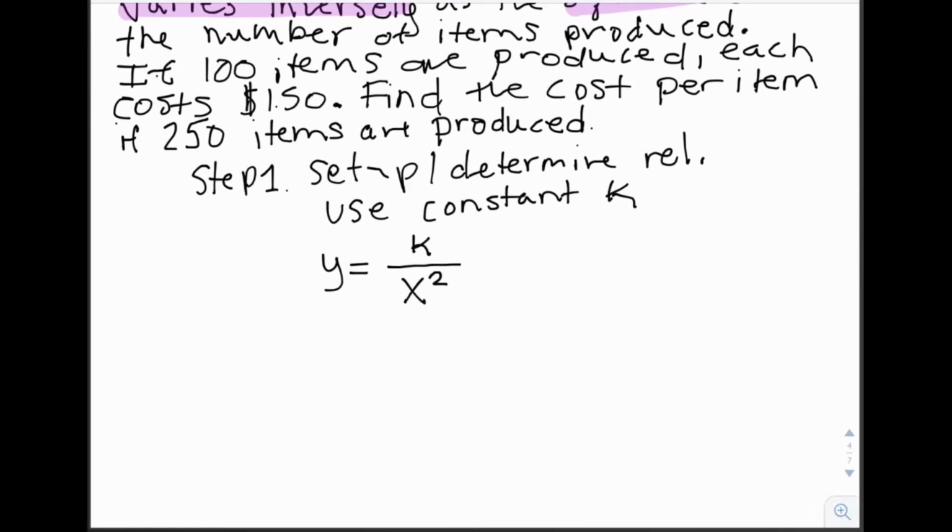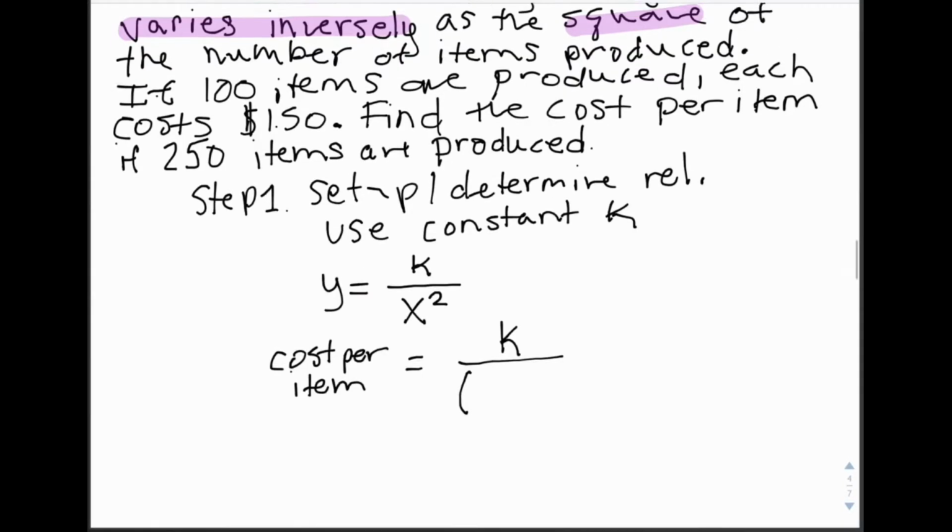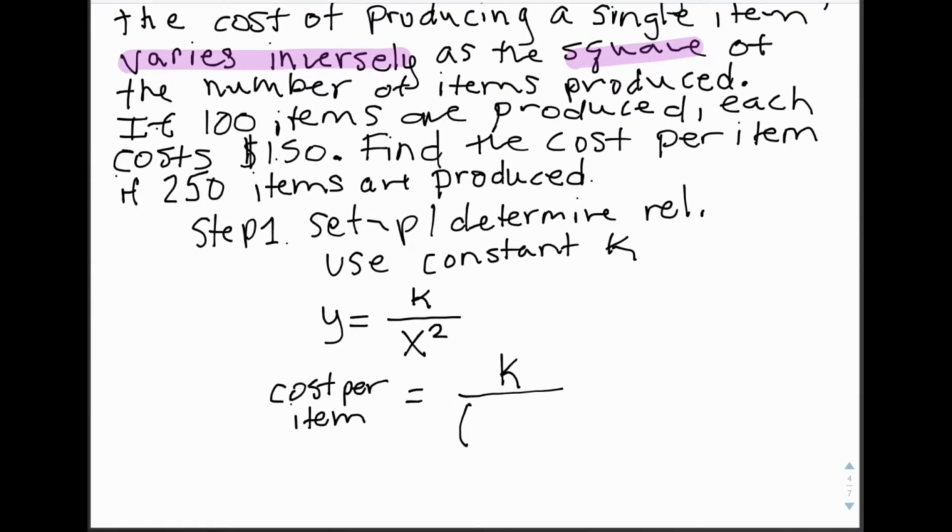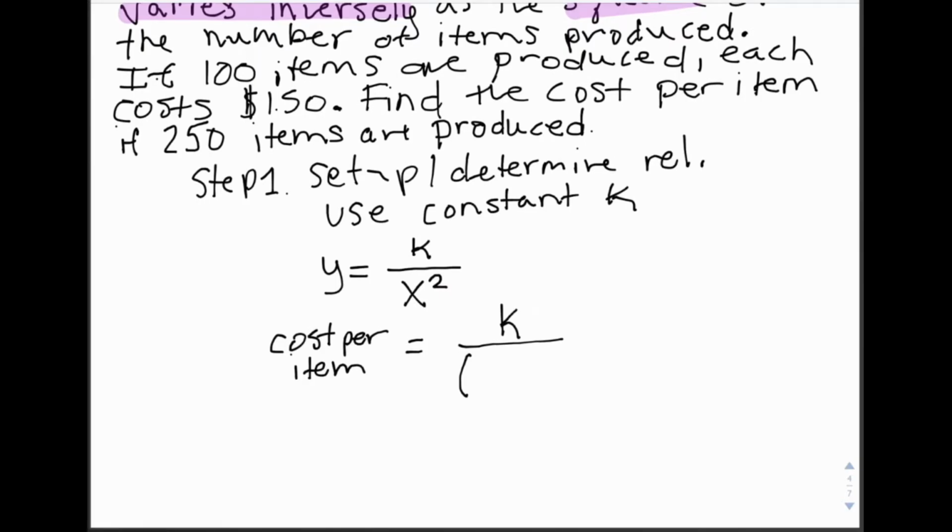So in other words, we know that the cost per item is equal to, in this case, k. We don't know what k is, but we want to solve it. And then it told us, in this case, the square of the number of items produced. So in other words, we can take the number of items and square it. So number of items raised to the second.